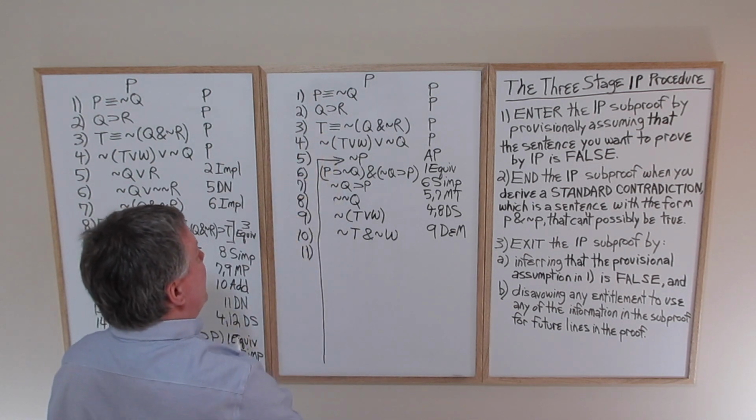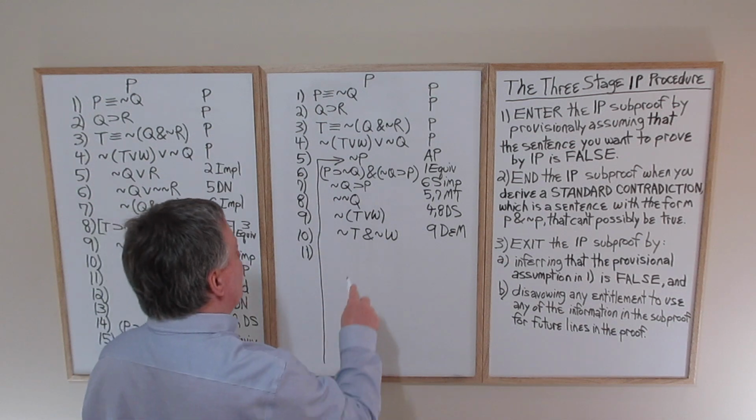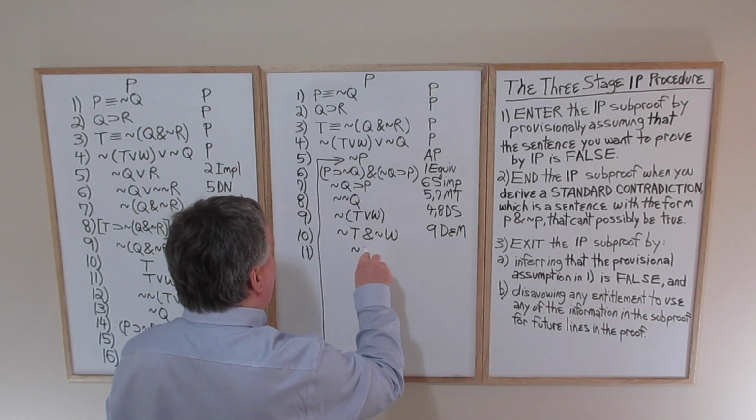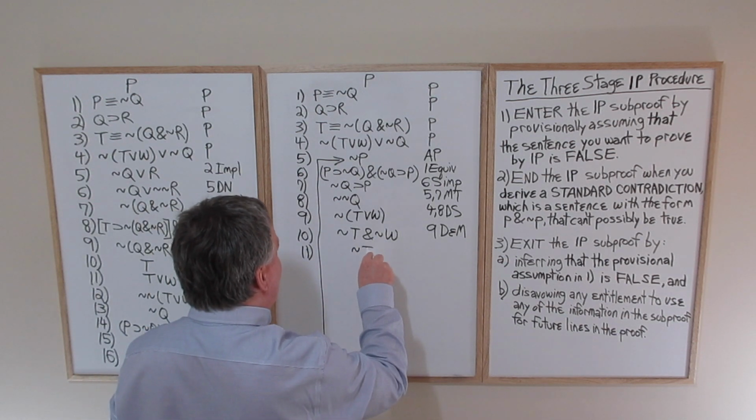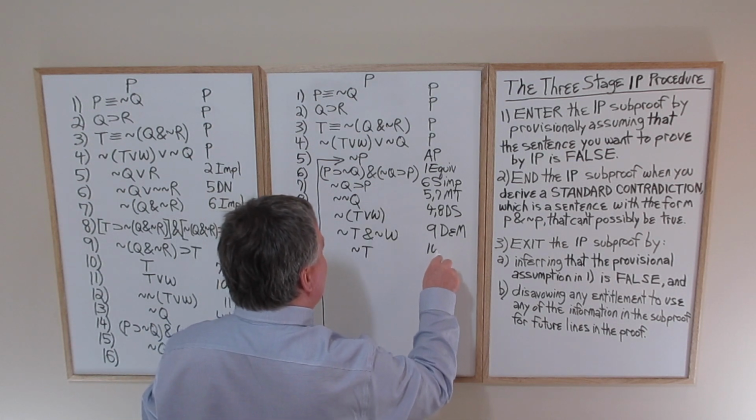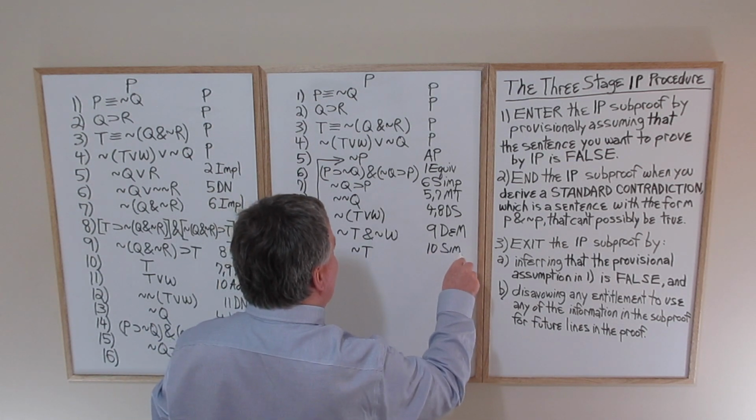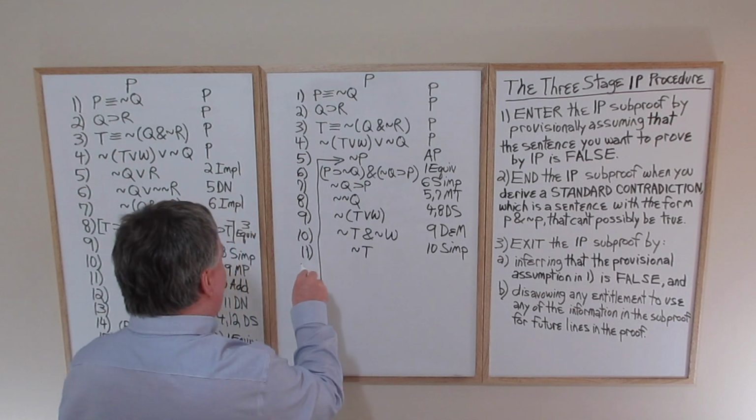Then, since we've got T-related information in line 3, we will just leave the right conjunct of line 10, tilde T, 10 simp.